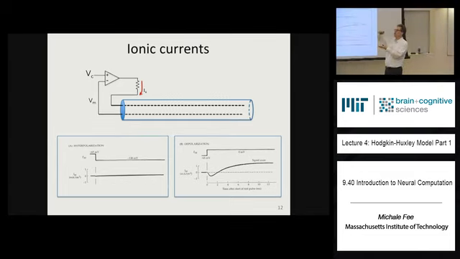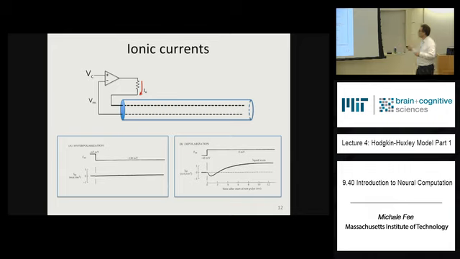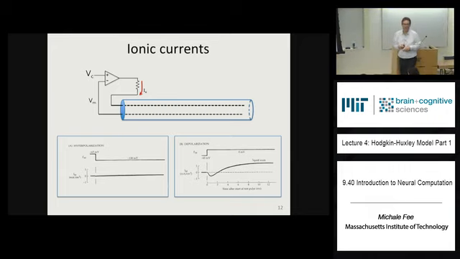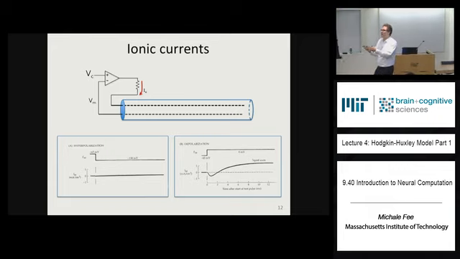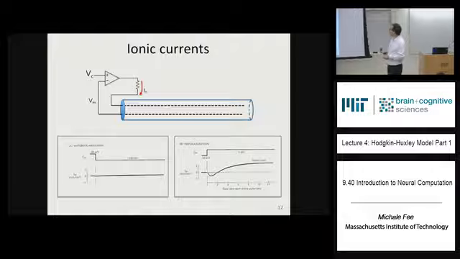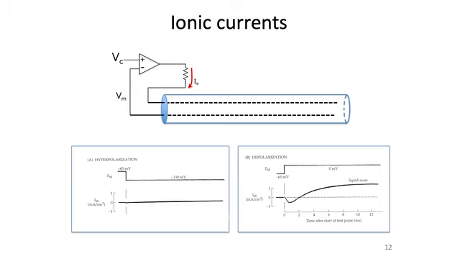Okay, so it's charging the cell up. Okay, this is membrane current now. So you just have to remember that definition. Negative membrane current means that positive charges are going into the cell, and that's depolarizing the cell. Okay, and then that negative current lasts for a few milliseconds, and then the current reverses sign and becomes positive and stays on.